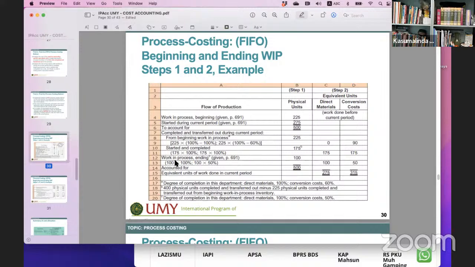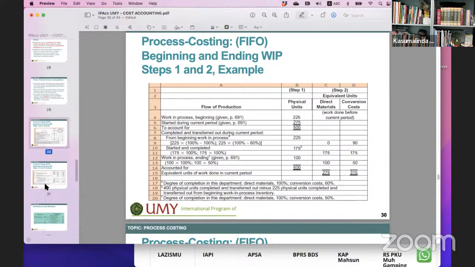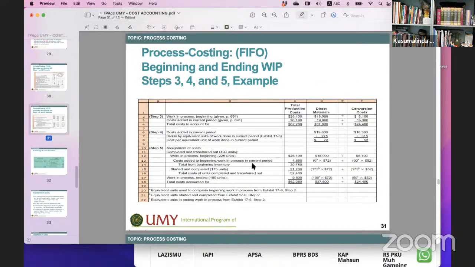So during March, the equivalent units for the current period are calculated the same way as before in weighted average. When we total here, we get the equivalent units for the current period. When we finish calculating the equivalent units, another difference for the FIFO method is when we calculate the cost per equivalent unit. The cost to account for is 62,280.